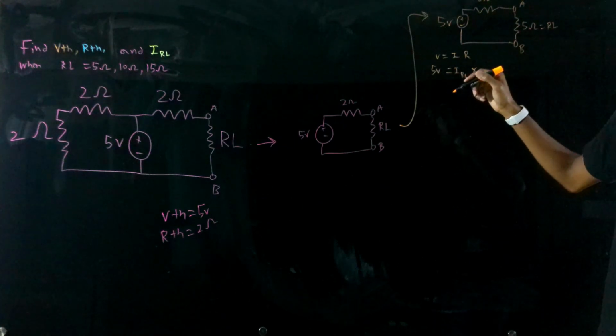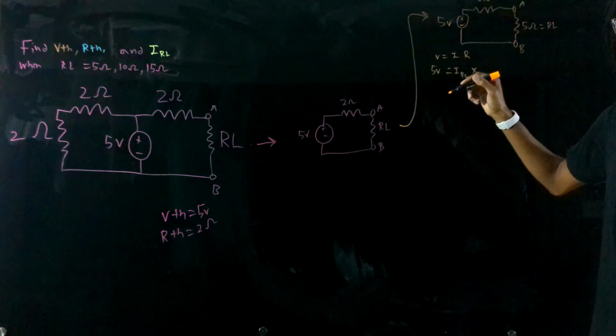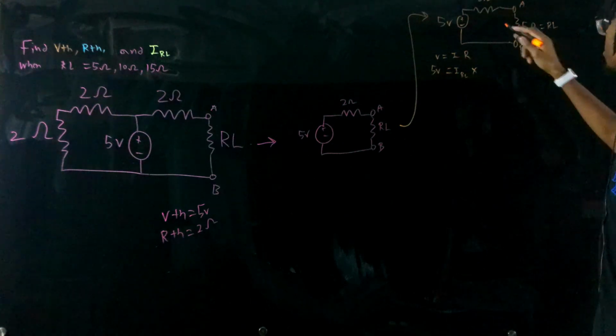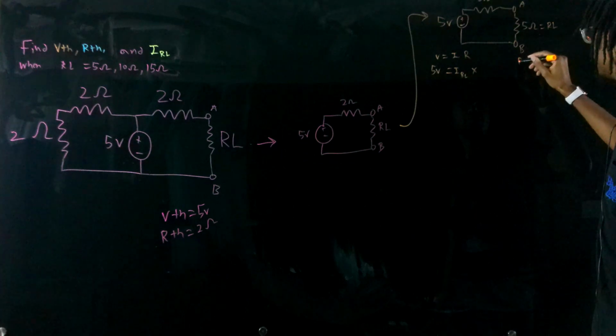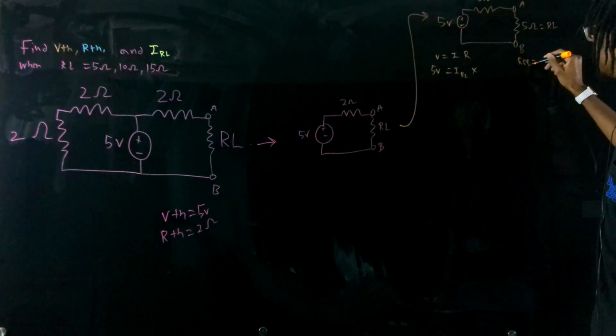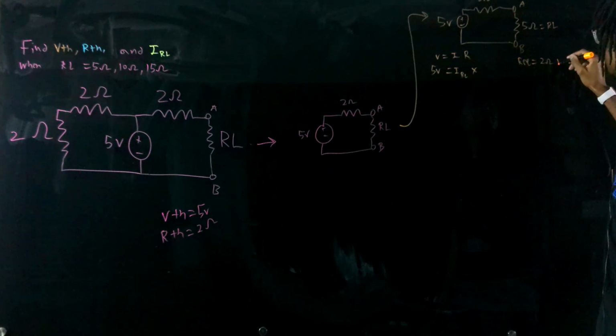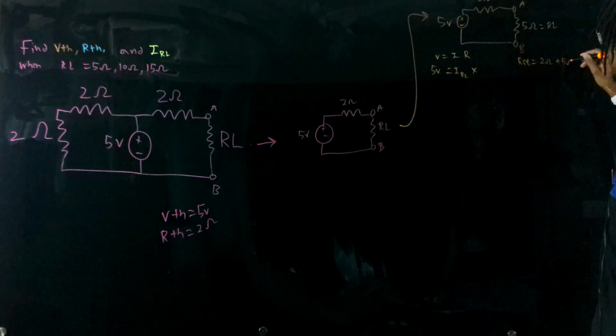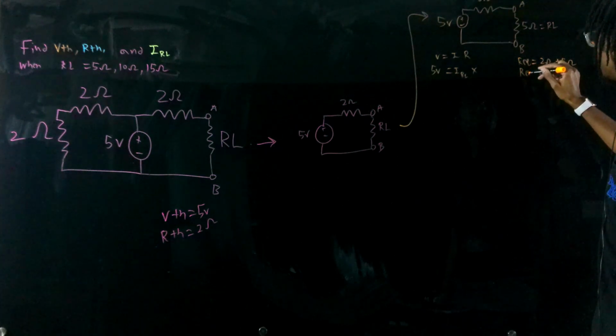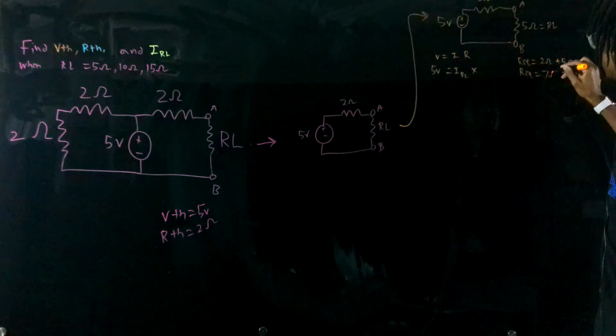In this case, R is going to be our REQ, also known as R equivalent, which, because they're in series, we're going to add our resistances. So REQ equals 2 ohms plus our RL, which is in this case 5 ohms. So REQ is equal to 7 ohms.